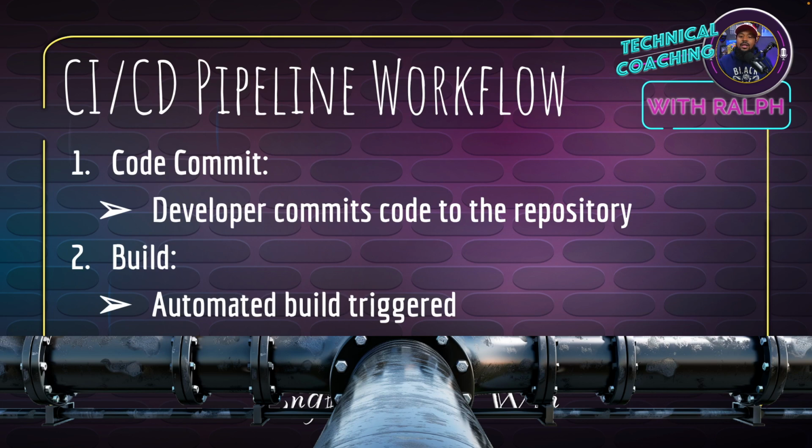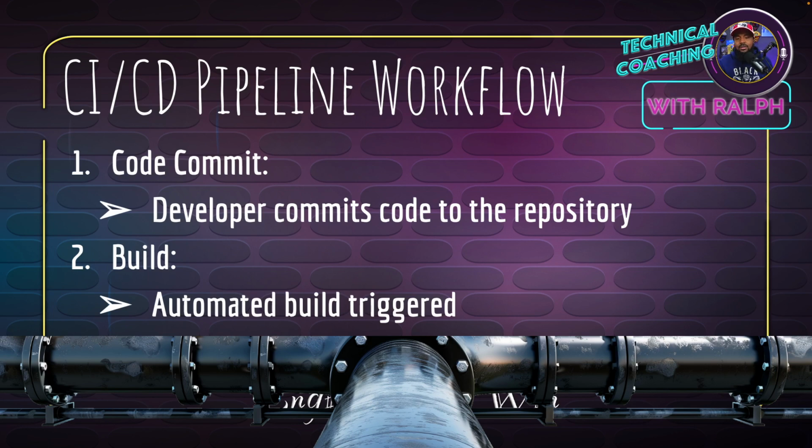And once you do the merge, that should be able to trigger all the infrastructure to be built once it's approved and accepted on the merge. So the developer is going to commit the code to the repository.